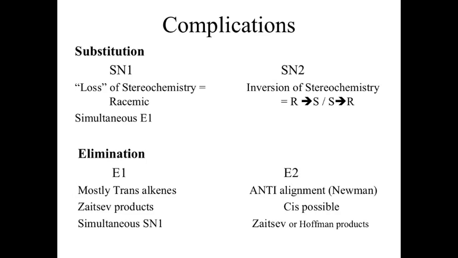Very commonly it's either cis or trans, and it's exclusively one of those. Whereas in the E1 elimination, you get a mixture. You get both cis and trans, but it's mostly the trans because that's the more stable one. In the E2, you typically will get the Zaitsev unless the Hofmann conditions have been satisfied for those Hofmann products, which again tends to be fairly rare, but it does pop up every so often.